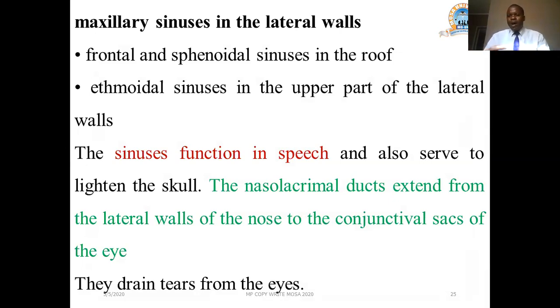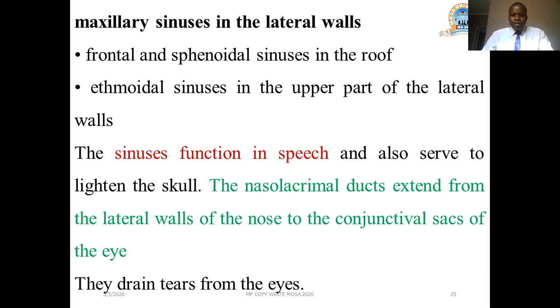The fluids which are produced on a daily basis are able to get out of our head, our cavities, through these sinuses, so that homeostasis is maintained. Apart from drainage, sinuses also help to give resonance to the voice. That's how we are able to recognize the voice of each and every individual, because of the role that the sinuses play.